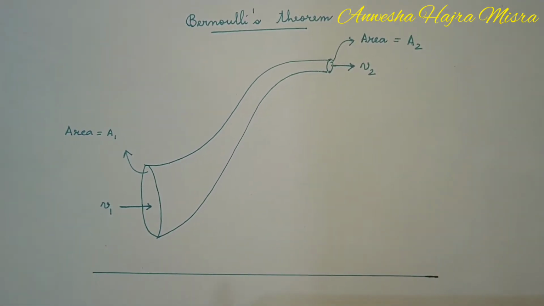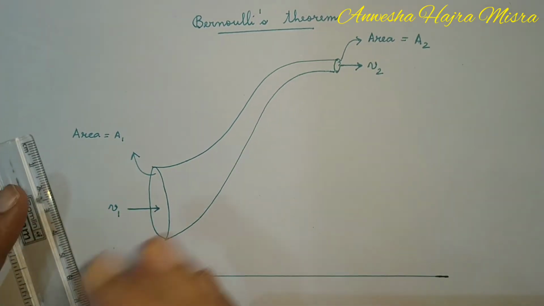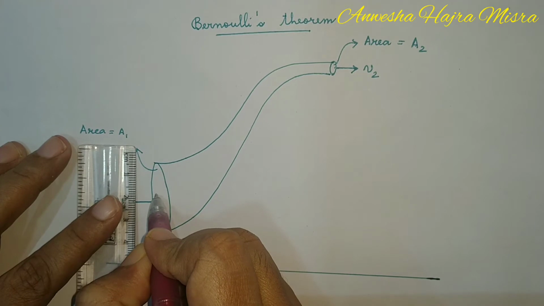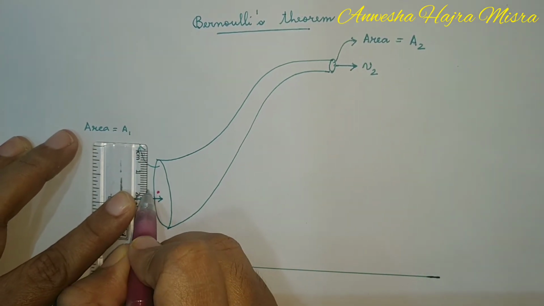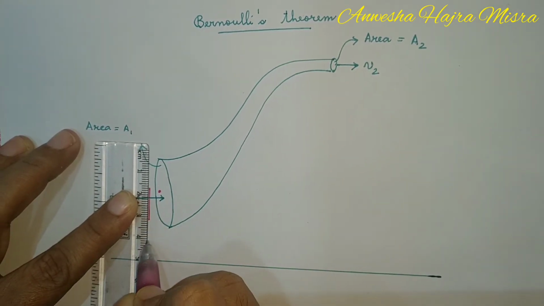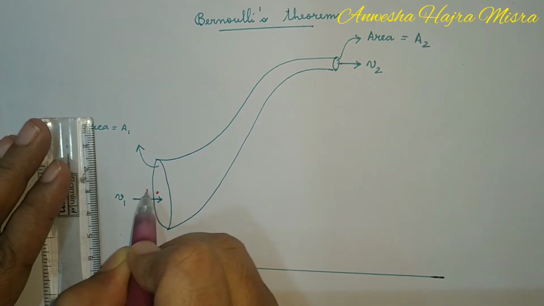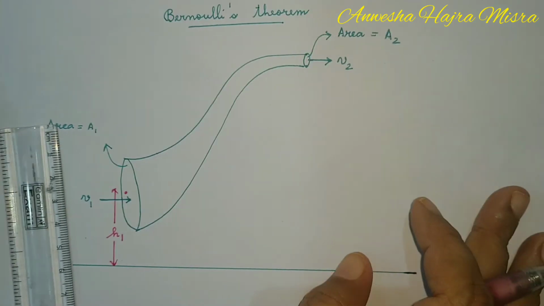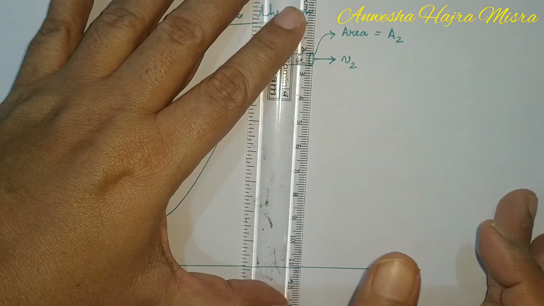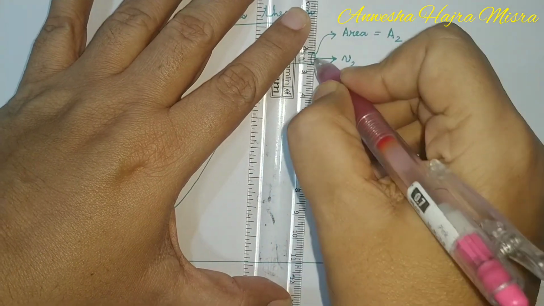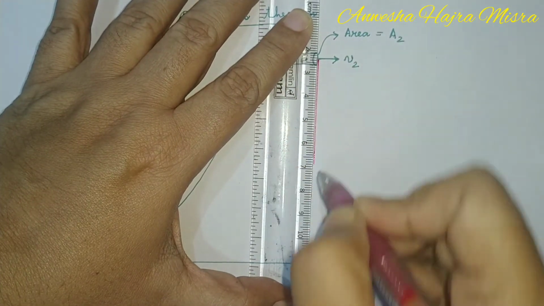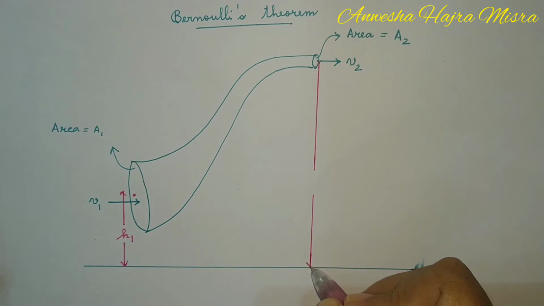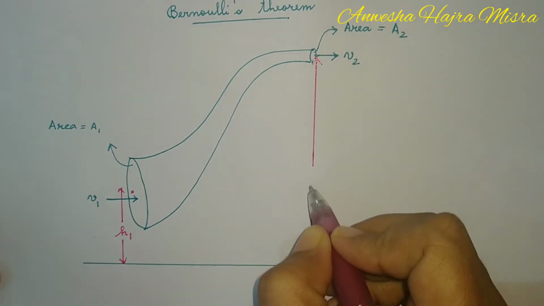From the ground, this liquid element is at a distance h1 from the ground, and this liquid element is h2 from the ground.